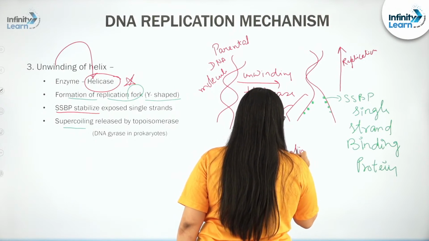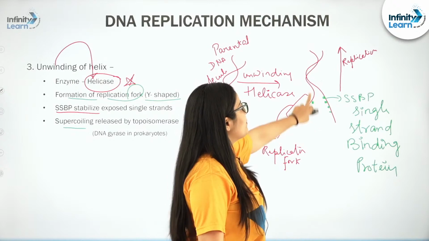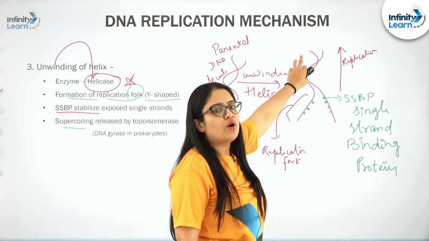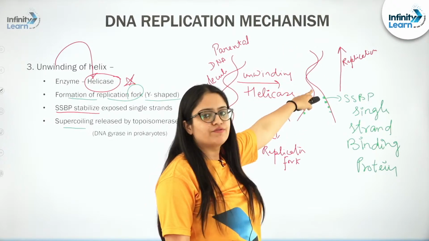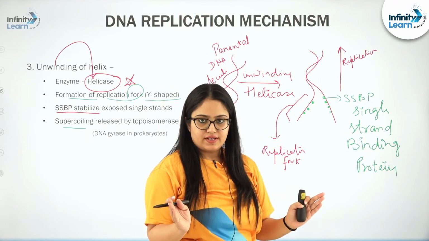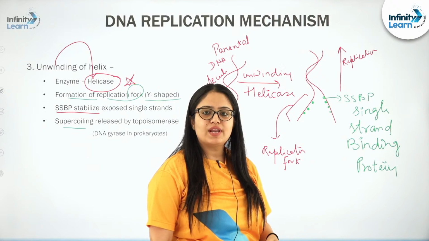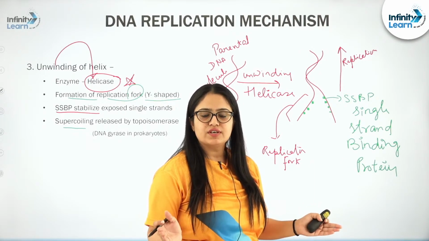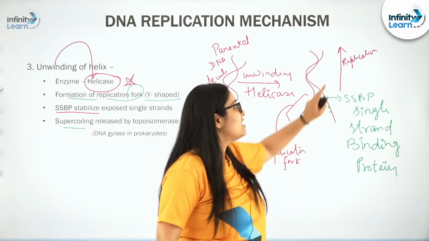Just opposite to the replication fork, there will be supercoiling in the DNA molecule because of the activity of helicase. Helicase is trying to separate out the two strands, right. Because of this opening of the two strands of the DNA molecule, there will be creation of tension in the DNA strand.